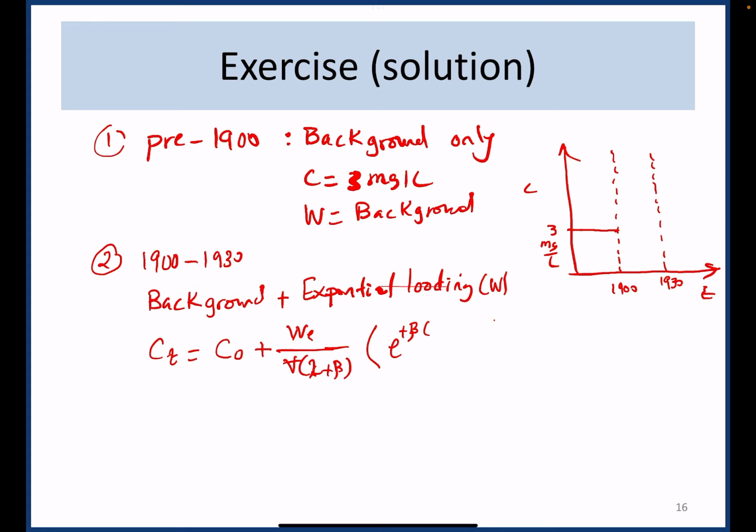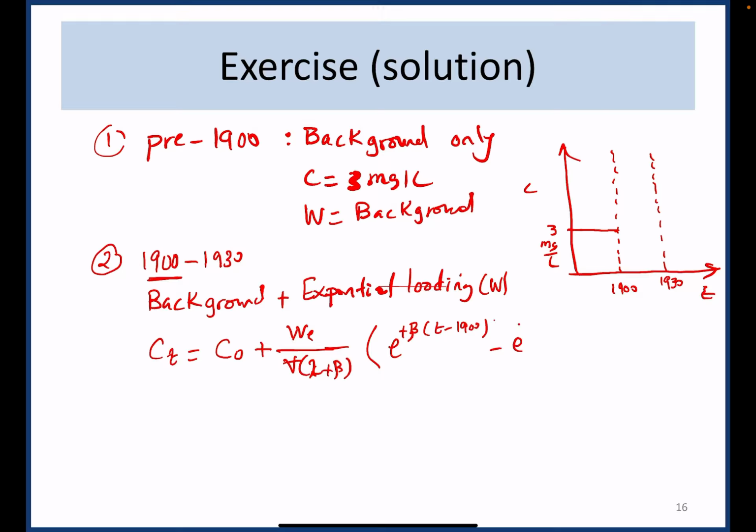And since we're starting to do it after 1900, it's T minus 1900. If you do it in 2000, so it's going to be 2000 minus 1900. So you're going to have almost 100 years as the time interval.